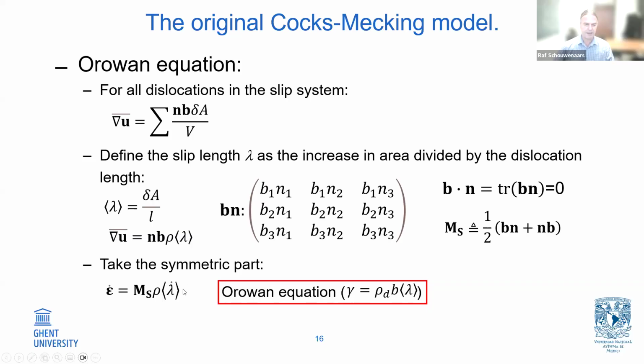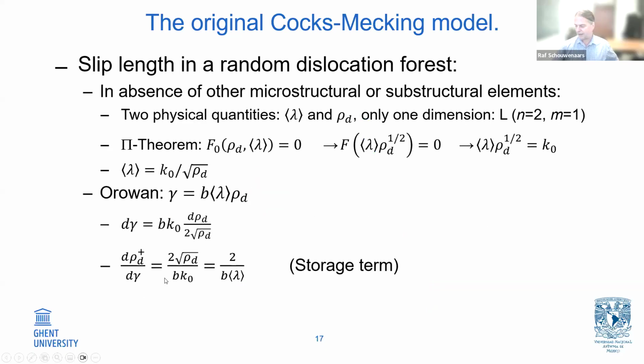If we go to multiple slip, then of course this equation becomes quite interesting. Then the final hypothesis in the Kocks-Mecking model is slip length. So we go again to the pi theorem. We've got two physical quantities and only one dimension.